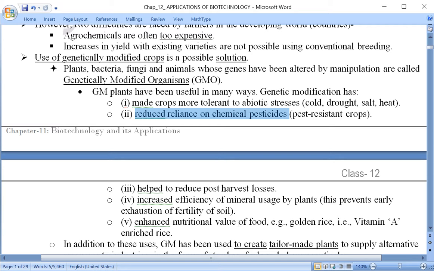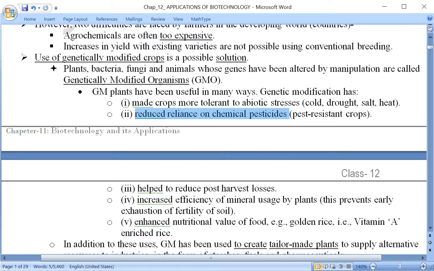Chemical pesticide, you understand, is a chemical which is able to kill the insect pests. So the plants already have their genes modified or altered so that the plants can become resistant to an insect or otherwise the pest.